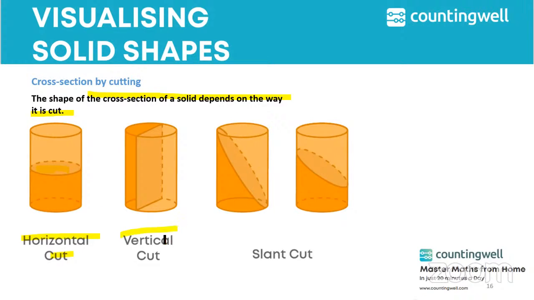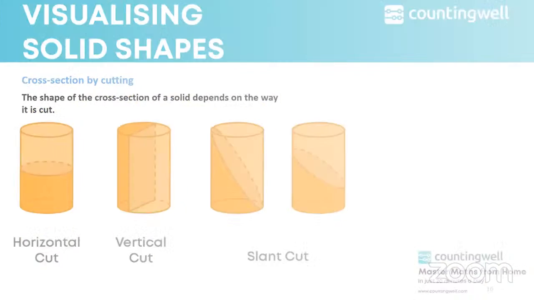If you take a vertical cut, then you will get a rectangular shape. If you take a slant cut, you will get the oval shape as shown here. So it depends upon the way it is cut. So the shape of the cross section depends mainly on the cut of that shape.